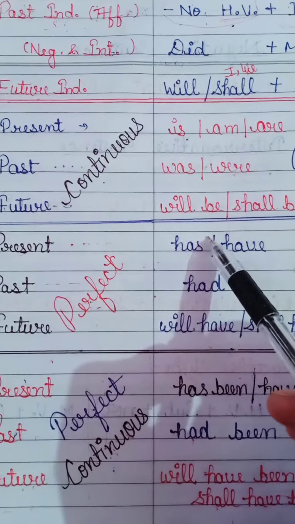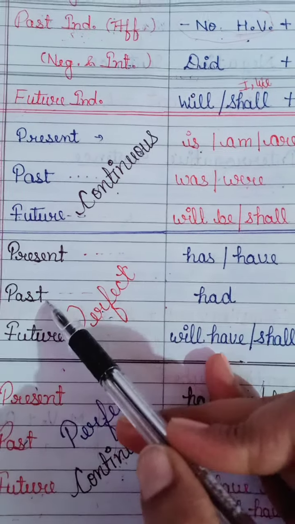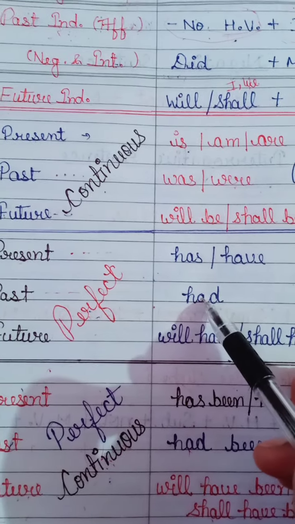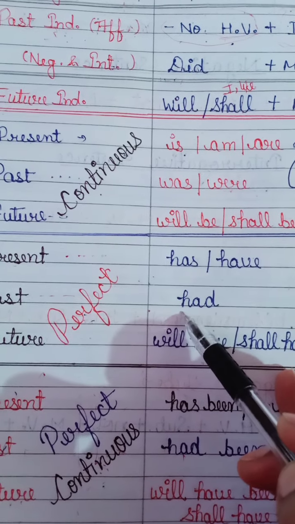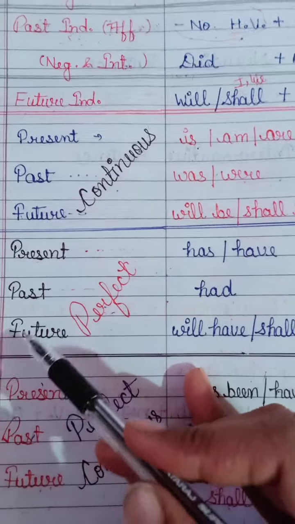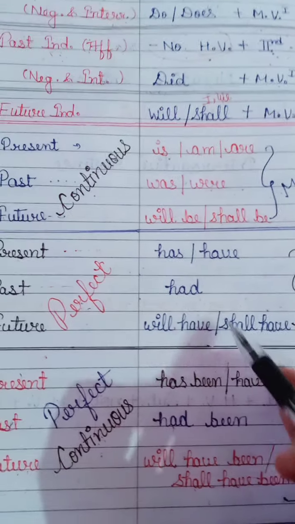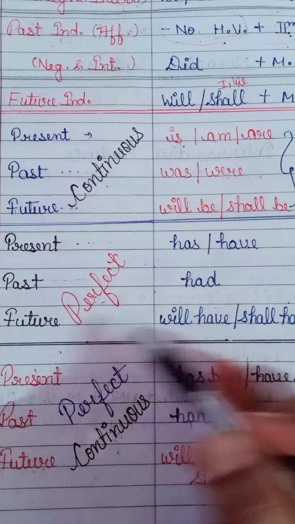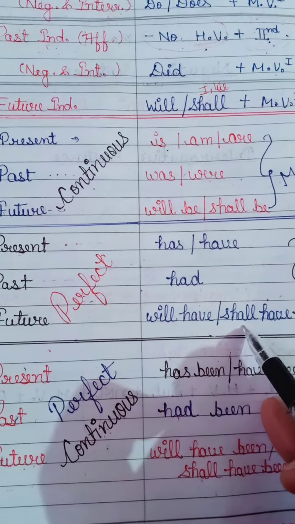Present: has, have, along with singulars and plurals. Past: had, with each and every subject we will put had. Future: will have, shall have, because have form is going on.